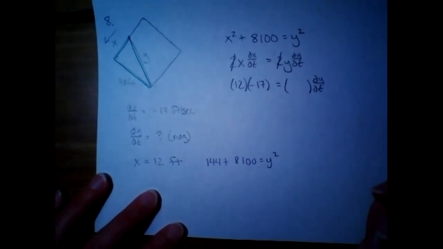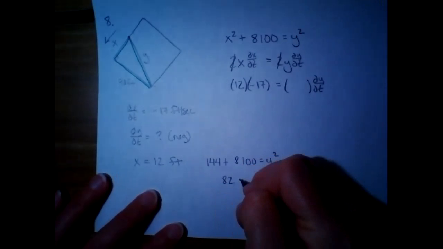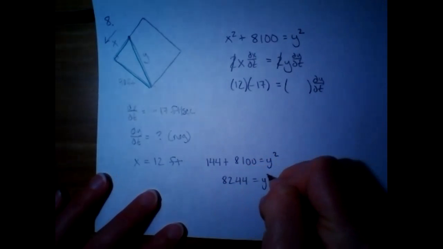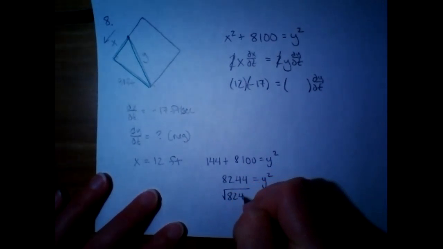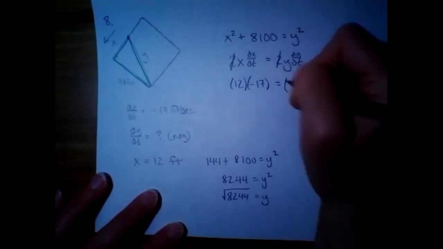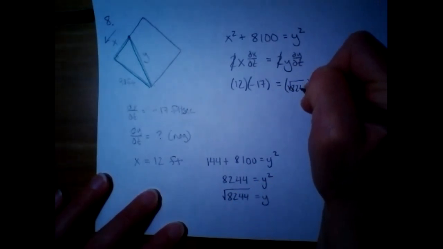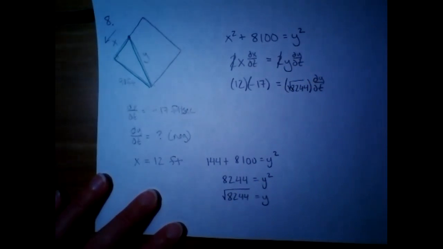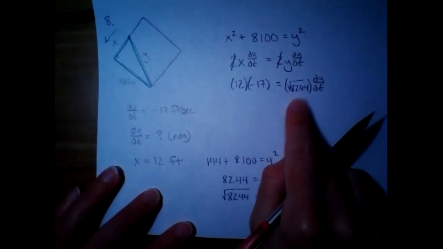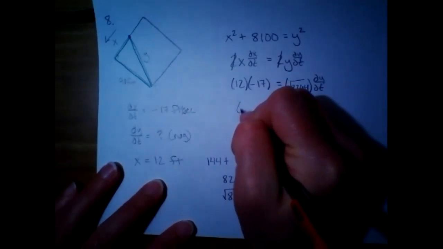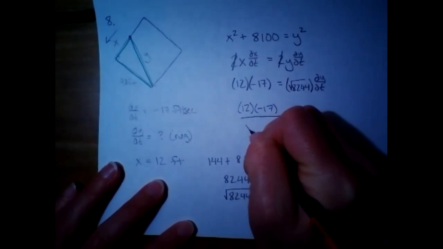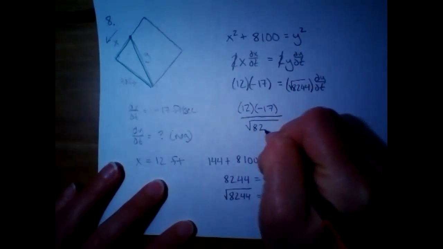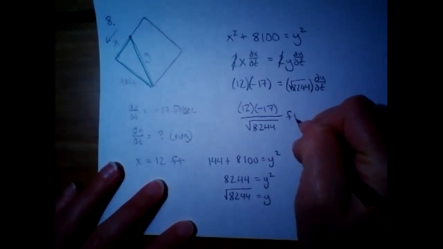And then if we add those together, that's going to be 8,244, which is not a perfect square, so just leave it alone. And so the only other thing you have to do is divide that over so that you have dy/dt by itself. So it'll be 12 times negative 17 over square root of 8,244 feet per second.